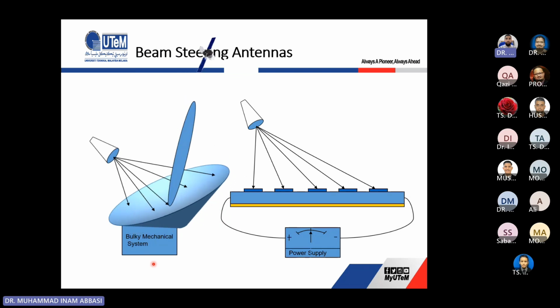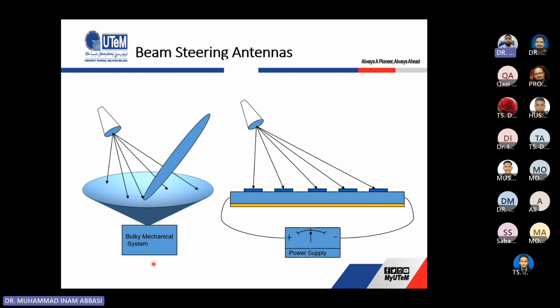So this becomes very tedious. In reflectarrays, or planar reflectors, we can do it using electronic components. When we use electronic components, we use a power supply, and we can modify the phase of each element, and we can steer the beam based on our requirement for the tracking. So this is basically the concept of why we can use reflectarrays as compared to parabolic reflectors.